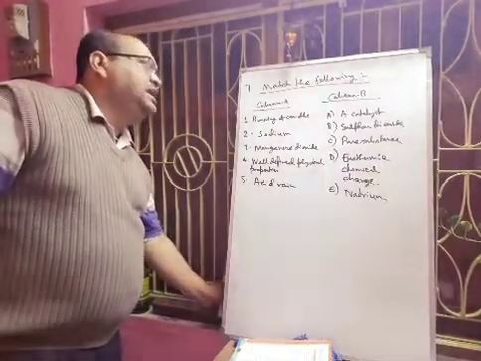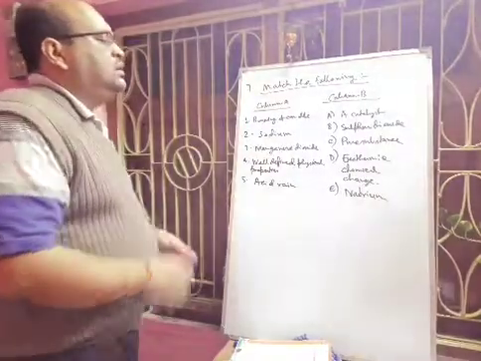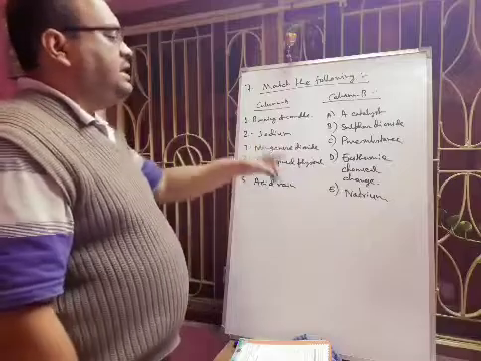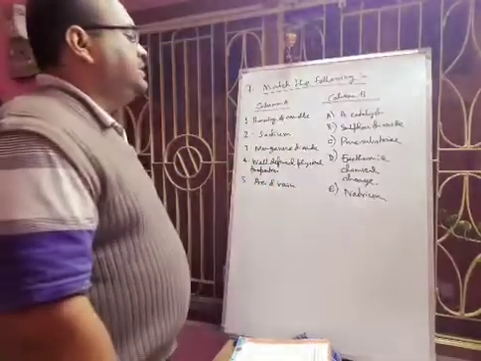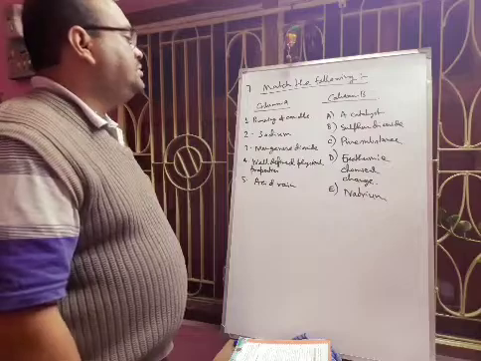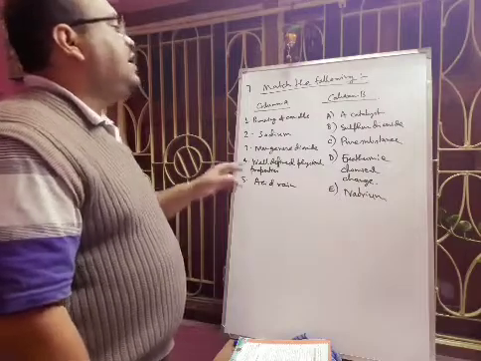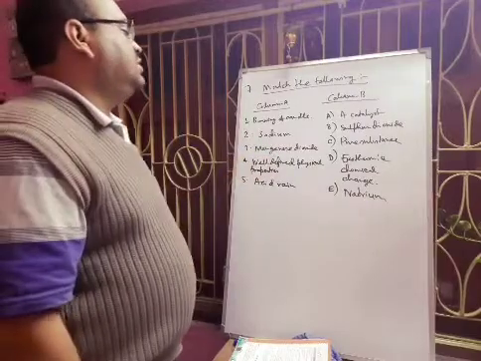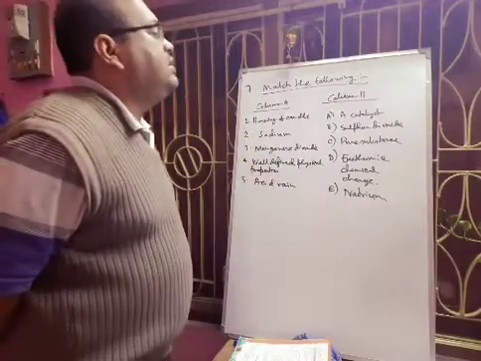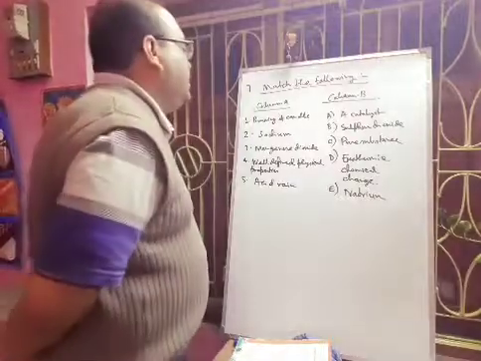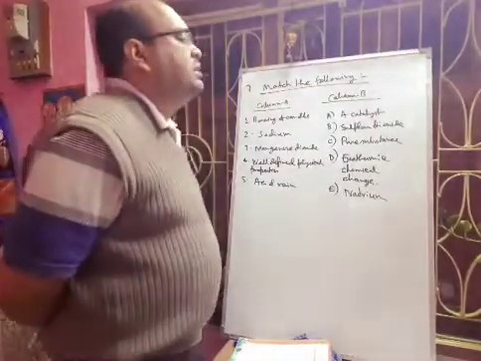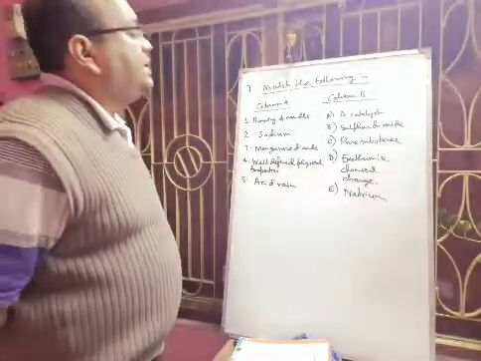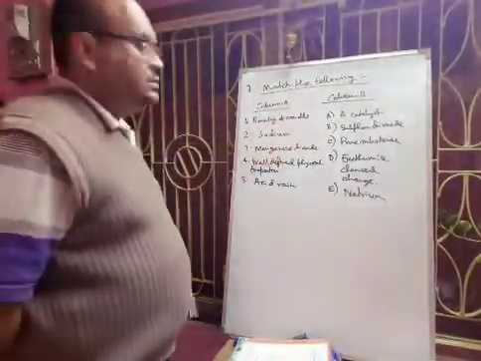Sodium, its Latin name is taken from natrium. So here you can match this one with natrium. Next one is given that manganese dioxide. So manganese dioxide you can use as catalyst during the preparation of oxygen from potassium chlorate or from hydrogen peroxide. So for manganese dioxide, you will write catalyst.